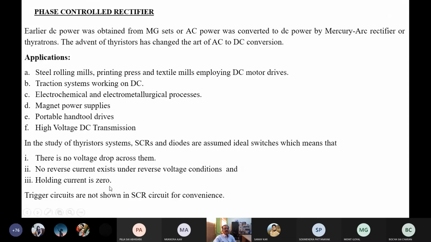And holding current is assumed to be 0, because we cannot see the holding current unless you use a very high frequency oscilloscope. So it is not possible to show the holding current while drawing in a classroom. So you will assume that the holding current is 0. That means when the current reaches 0, the thyristor will switch off.